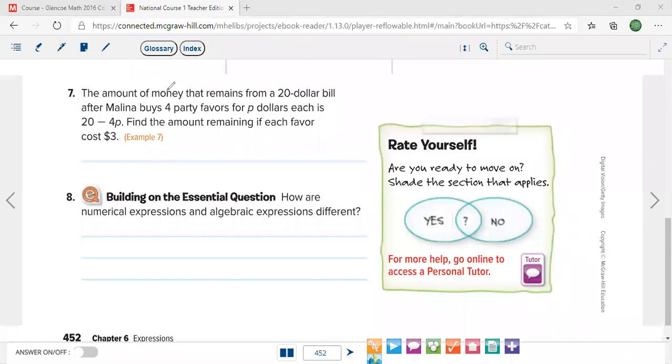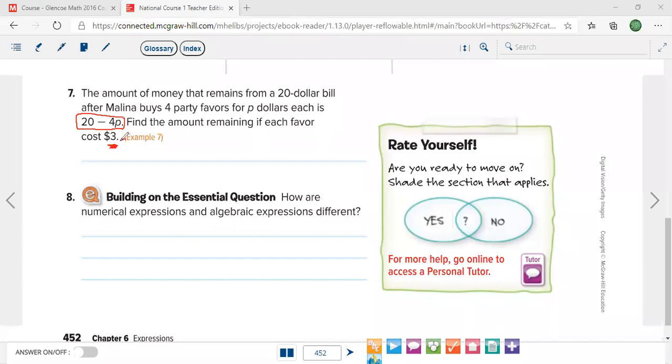The amount of money that remains from a $20 bill after Malina buys 4 party favors for P dollars each is 20 minus 4P. So focus on this expression, 20 minus 4P. Find the amount remaining if each favor costs $3.